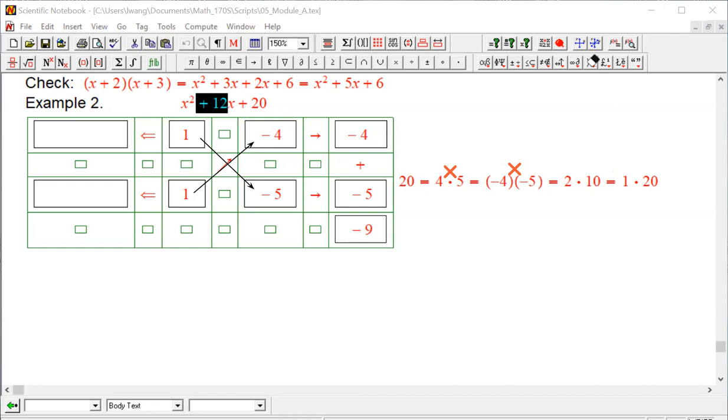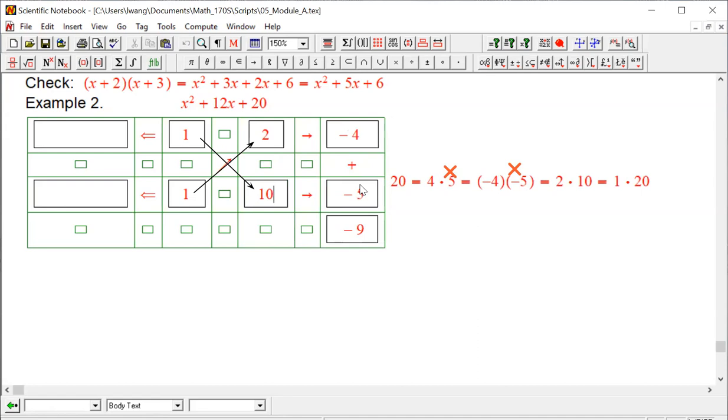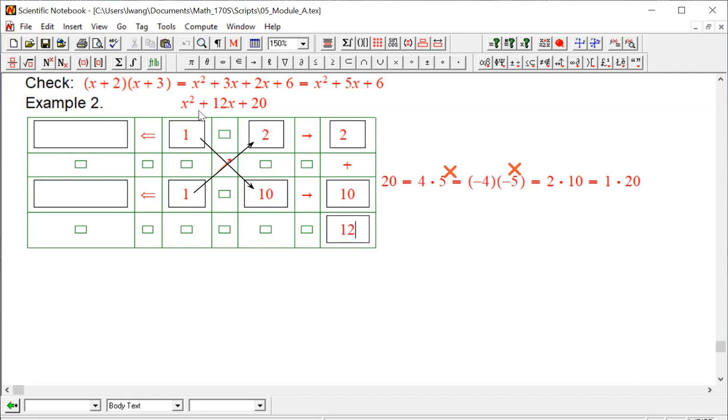So let's try 2 and 10, right? So 2 times 10 equals, 1 times 2 is 2. 1 times 10 is 10. And 2 plus 10 is 12. And 12 matches the positive 12 right there.